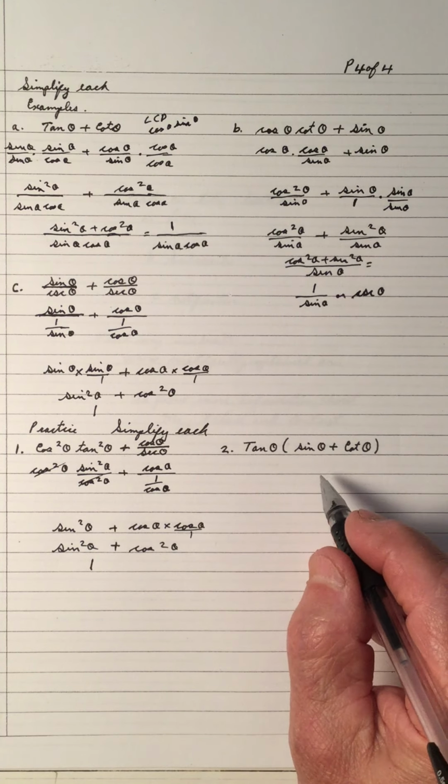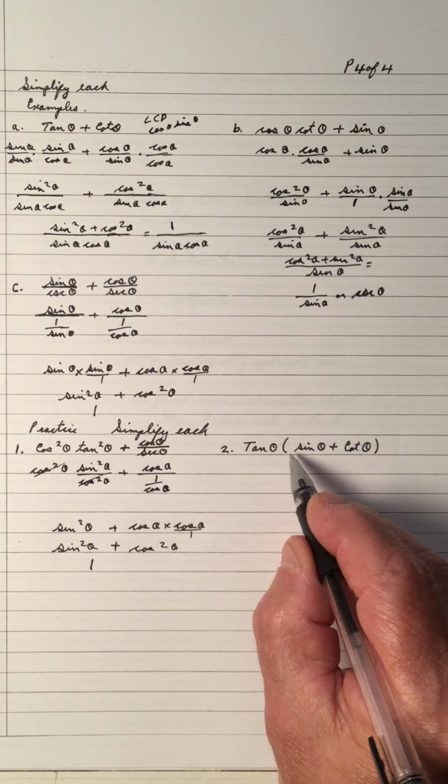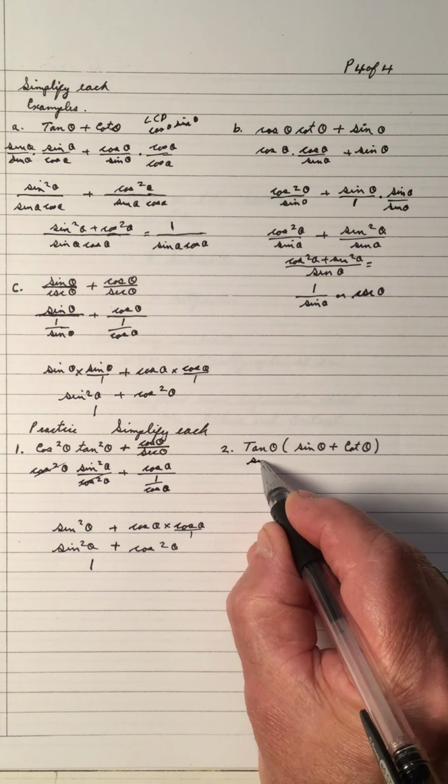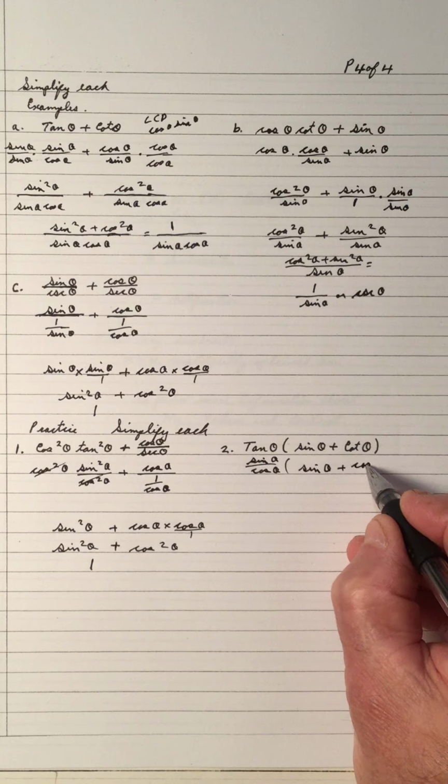And let's simplify this one. Tan times these two. So tan is sine over cos. Sine is okay. And cot becomes cos over sine.